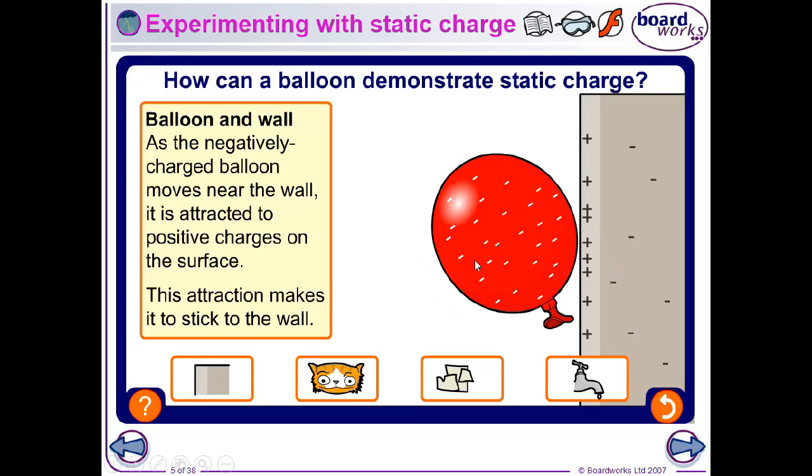So when I bring the balloon close to the surface of the wall, I push some of the negative charge in the wall deeper inside the wall. That leaves the surface of the wall positively charged. The negative charge on the balloon attracts the positive charge on the surface of the wall, and they stick. The balloon sticks to the wall. They're attracted, and that's because the negative charge moves deeper in the wall.